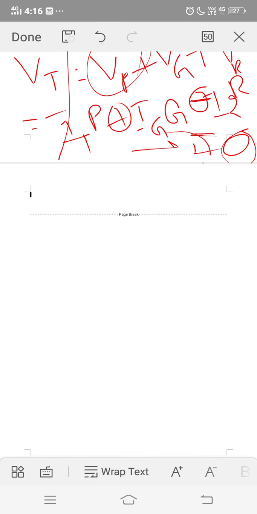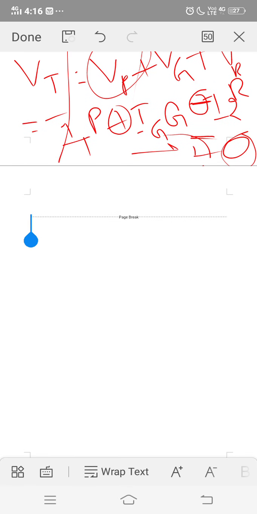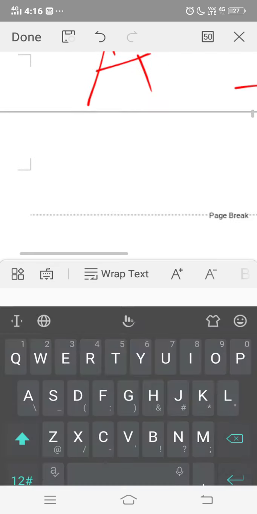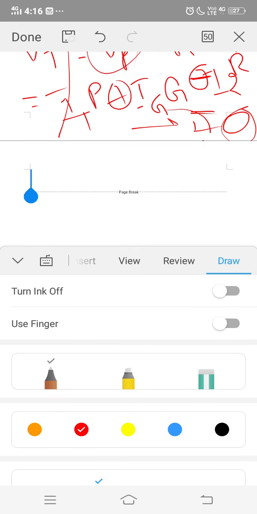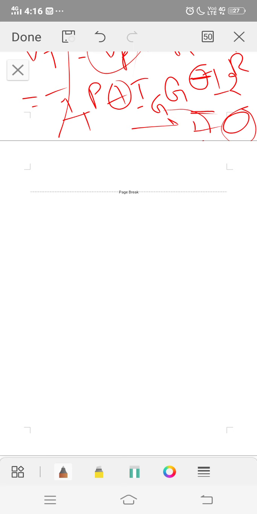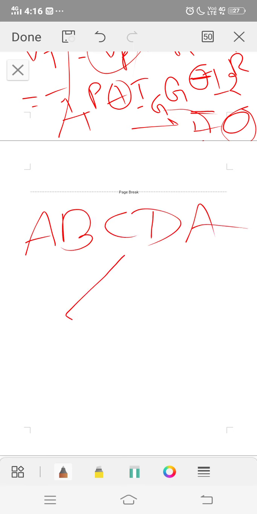So the equation becomes the voltage drop along ABCDA, that means we are going in this direction.